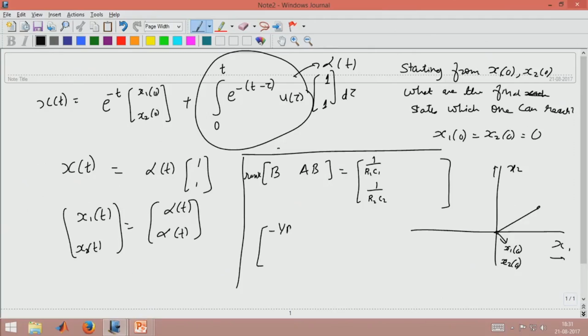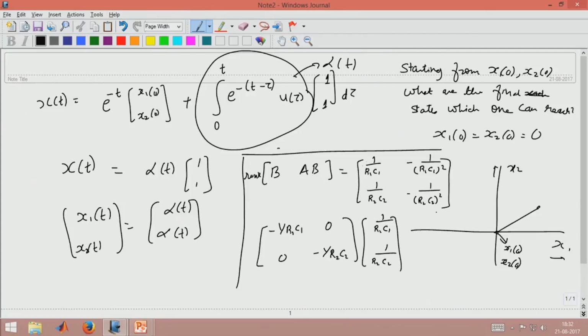A is 1 over R1 C1, 0, 0, minus 1 over R2 C2, and I multiply this with B. So this essentially is minus 1 over R1 C1 square, and here I will have, with a minus sign, 1 over R2 C2 square.